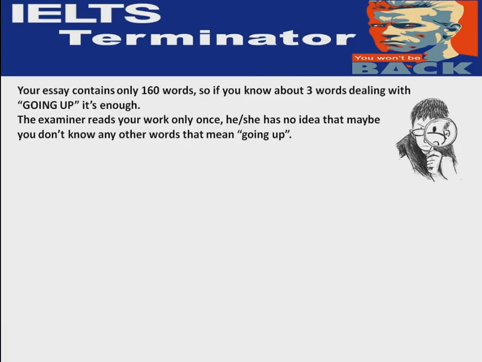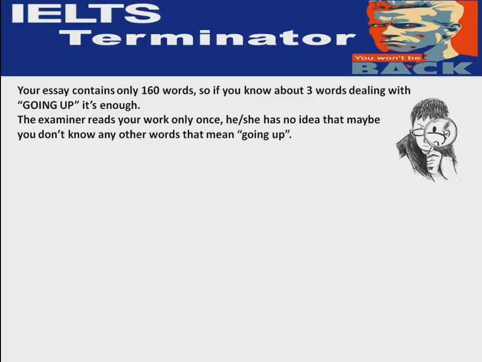Your essay contains only 160 words. So if you know about 3 words dealing with going up, it's enough. The examiner reads your work only once. He's got no idea that maybe you don't know any other words that mean going up.